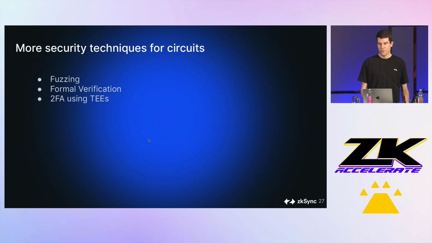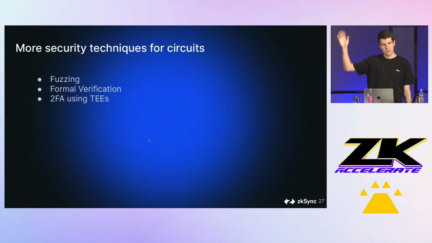A few more techniques for circuits are fuzzing, formal verification, and something that we are working on and have very solid progress on: two-factor authentication using TEEs. This is something that's very cool. I think Justin Drake wrote a blog post about this on ETH Research about a year ago, but you can double check whether the ZK proof was done correctly by running all of the same code, not the ZK code, but just normal code, inside a trusted execution environment, and only when both of them agree on the output do you move the chain forward.